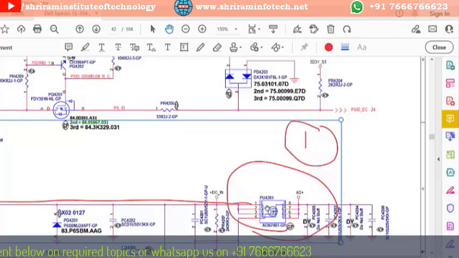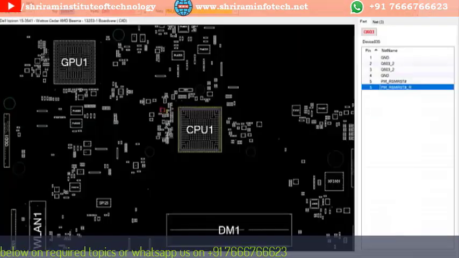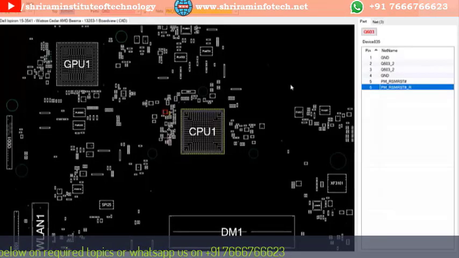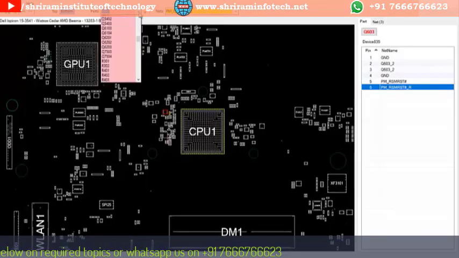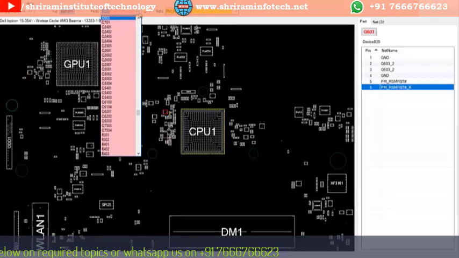So if you want to search in BoardViewer, then what I have to do, I have to open the BoardViewer, and I have to type this PU4201. So we'll go to the BoardViewer and we'll see. So this is my BoardViewer. So this side is the component side. So all the components are there.